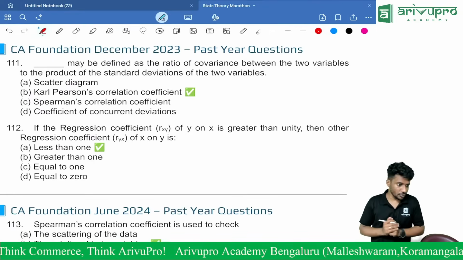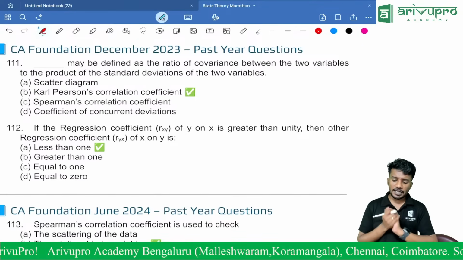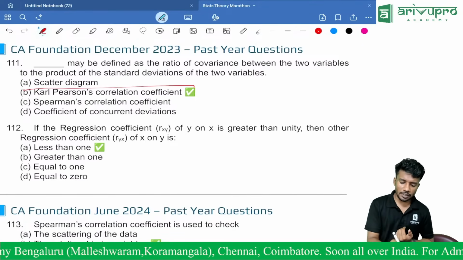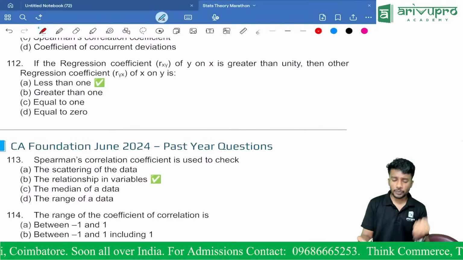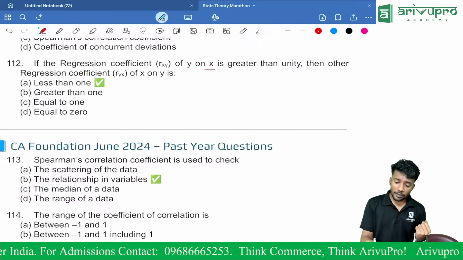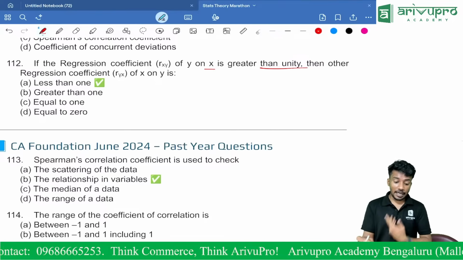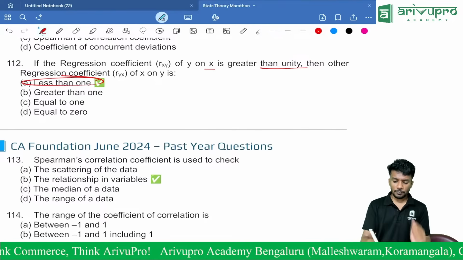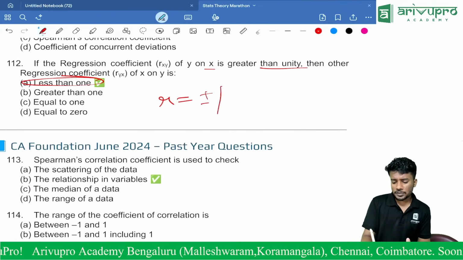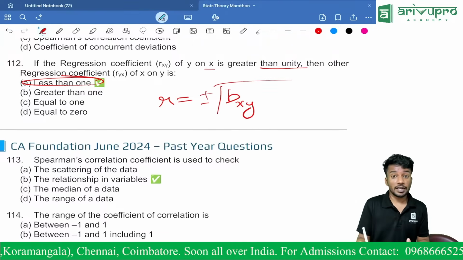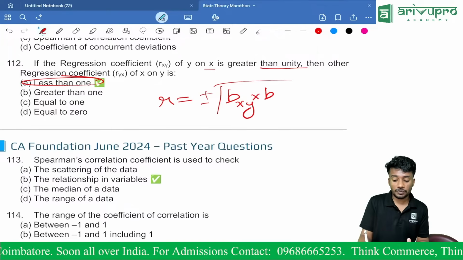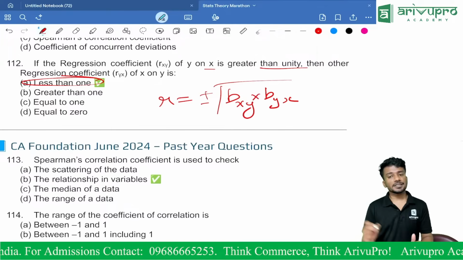It's a continuous distribution. What may be defined as the ratio of covariance? The answer is Pearson's correlation coefficient. If the regression coefficient of y on x is greater than unity, then the other value should be less than 1. We know that R is equal to plus or minus the root of the regression coefficient of x on y into the regression coefficient of y on x.